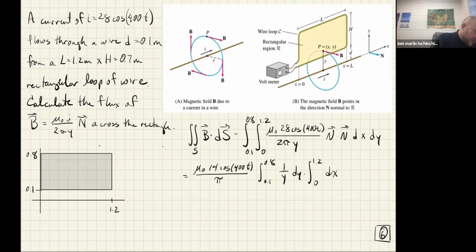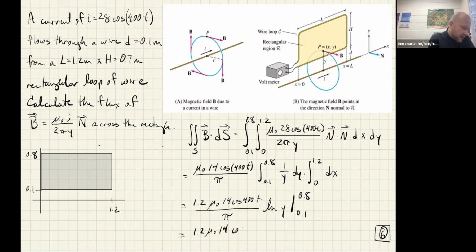So that means I just end up with a 1.2 out front, mu naught 14 cosine 400t all over pi, okay? And then a logarithm of y going from 0.1 to 0.8. And so 1.2 mu naught 14 cosine 400t divided by pi.